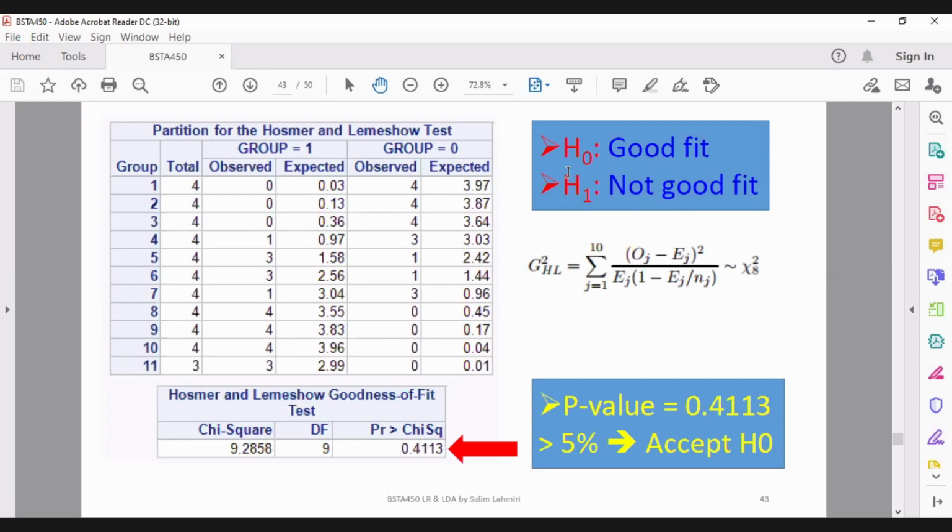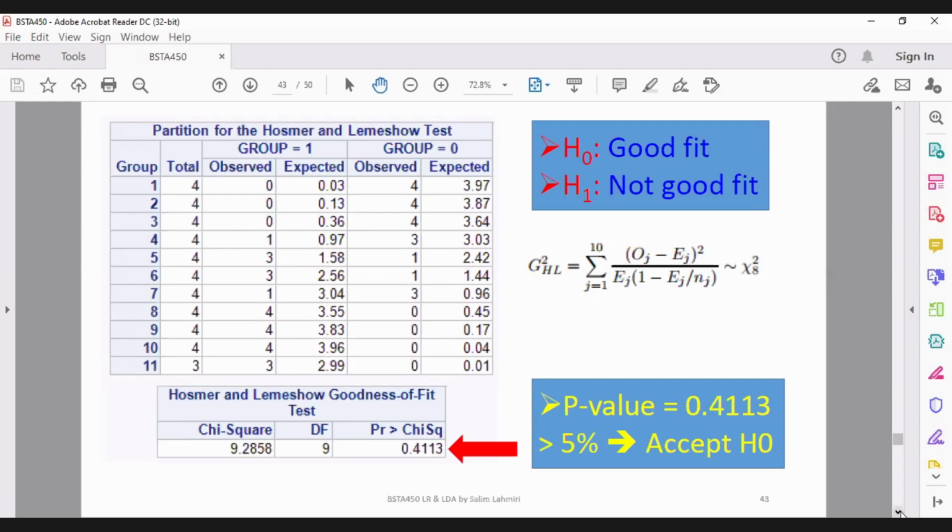The p-value of Hosmer-Lemeshow is 0.441, which is larger than 5%, so the decision is to accept H0, meaning that this regression model is showing a good fit. So to evaluate the goodness of fit of the logistic regression model, just look at the Hosmer-Lemeshow p-value.